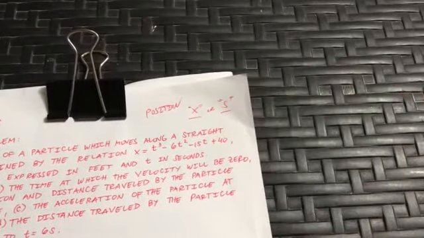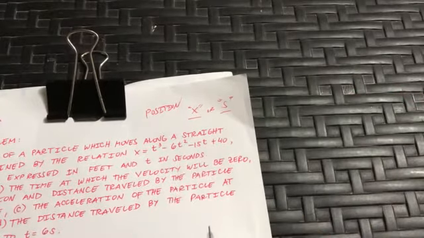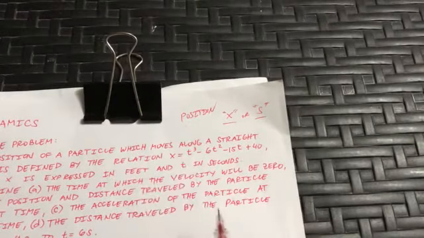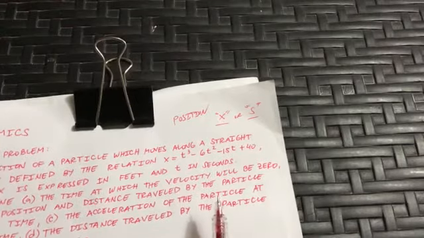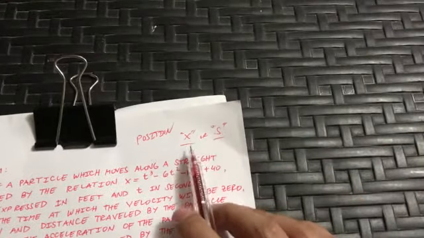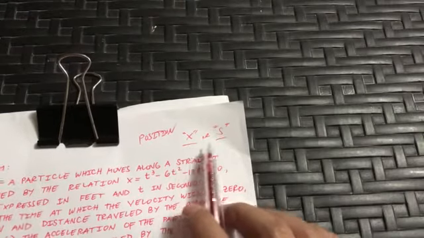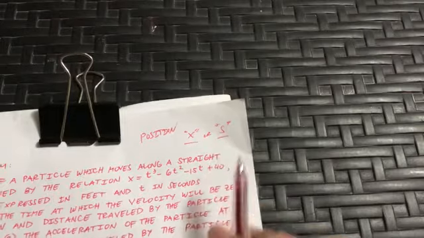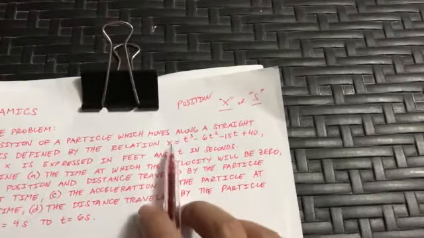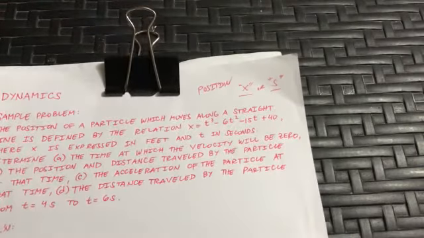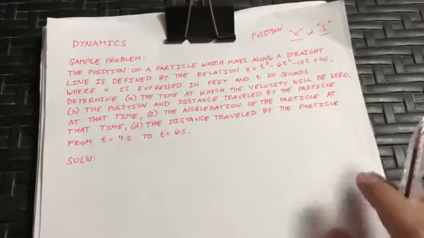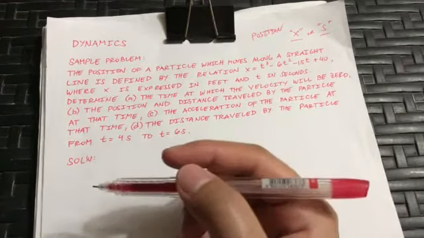So, try not to get confused. In this problem, x denotes the position of the moving particle. In this problem it is denoted x, so we'll have our solution in x.